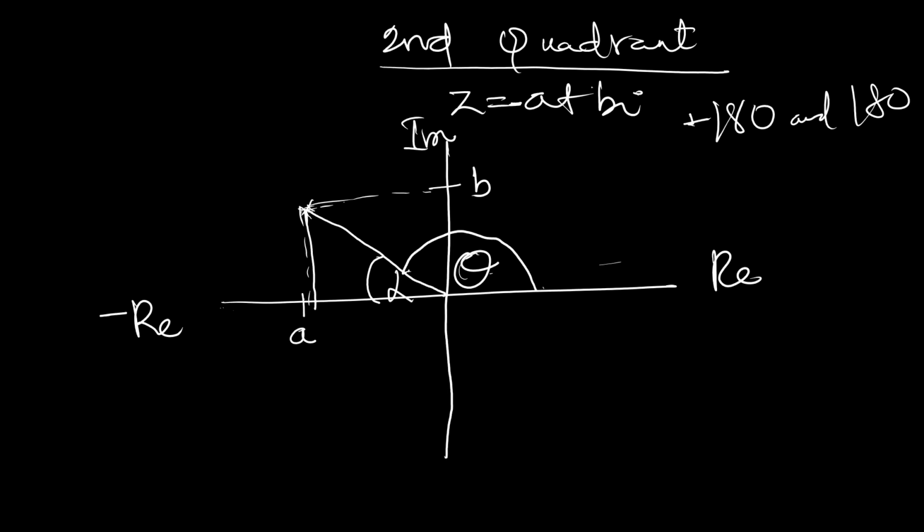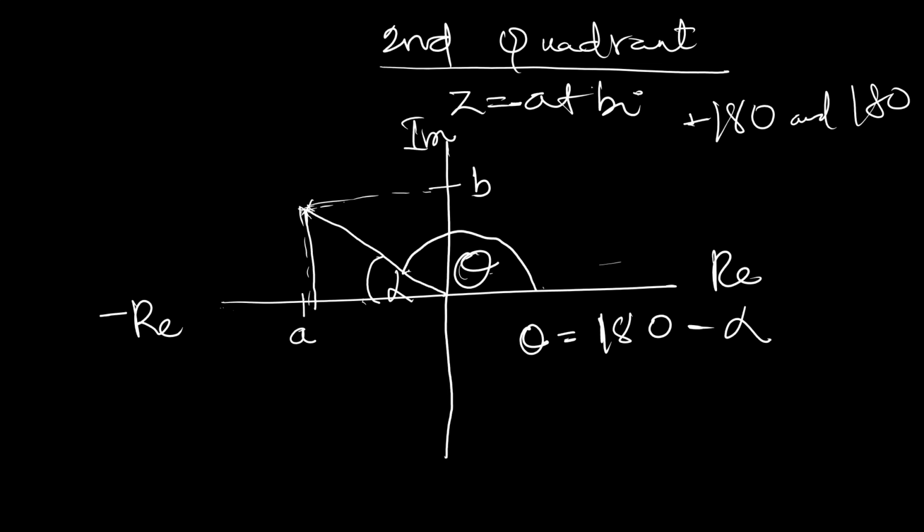So before we can find this theta, or let's say, how are we going to find this theta? The whole of the angle here, on this axis, the real axis, is 180. We want to find this theta. So theta is going to be 180 minus alpha, right?